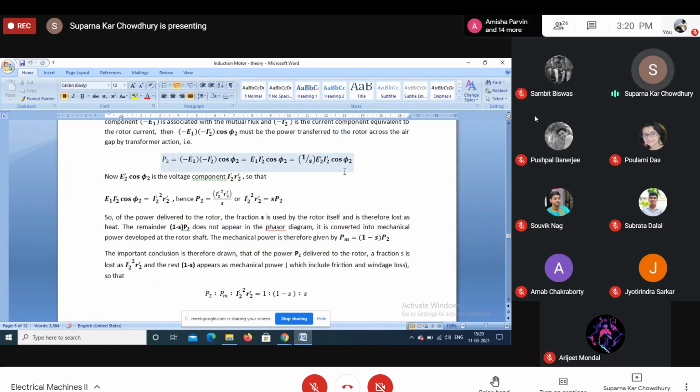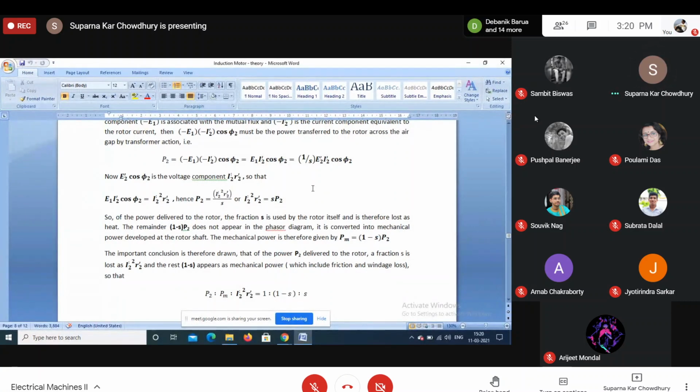Now I2 dash square R2 dash is basically the copper loss of the secondary. So the secondary copper loss is equal to S into P2, where P2 is the power transferred to the secondary across the air gap. It is also defined as the air gap power.